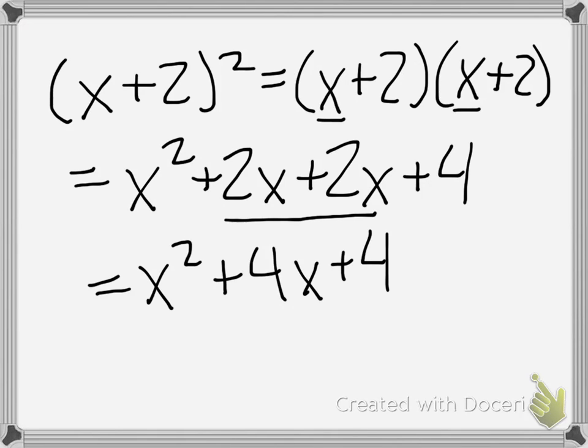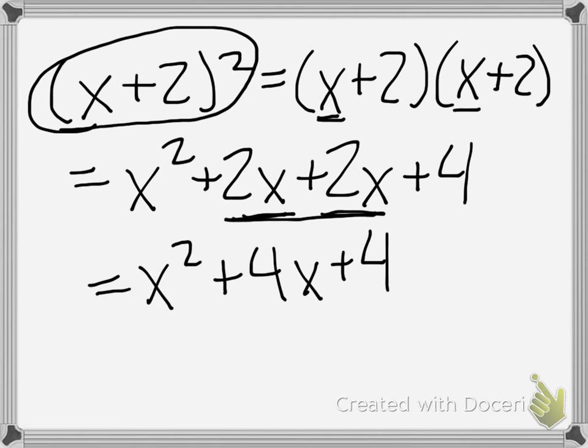I noticed that my outside and my inside terms were the same. And if I think about it, I know that that will always be true when this started out as a square, right? Since these two binomials are the same, certainly my outside and my inside terms are always going to be the same. So I should be able to come up with a formula that makes my life a little bit easier.